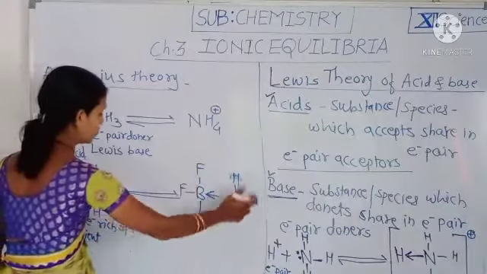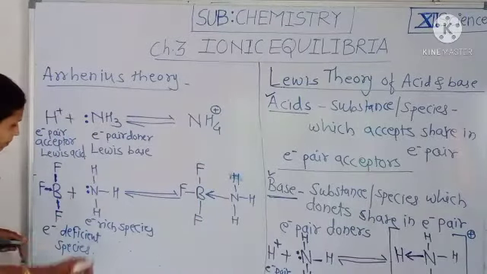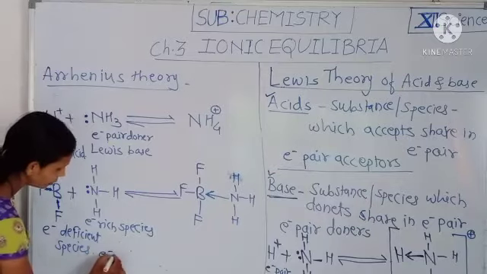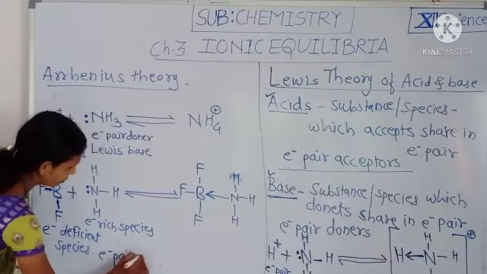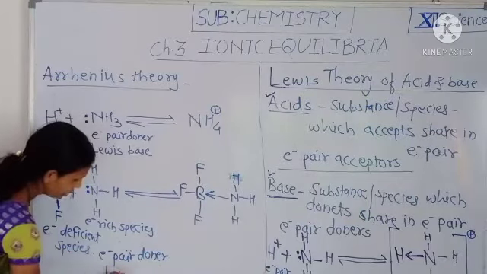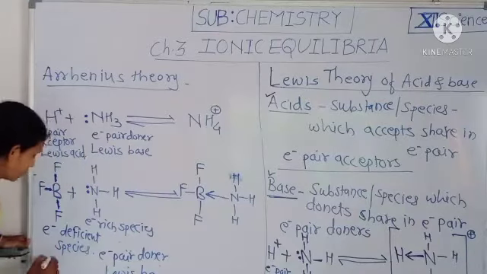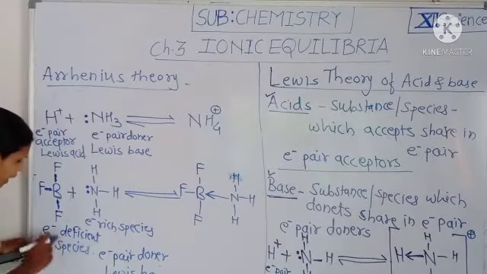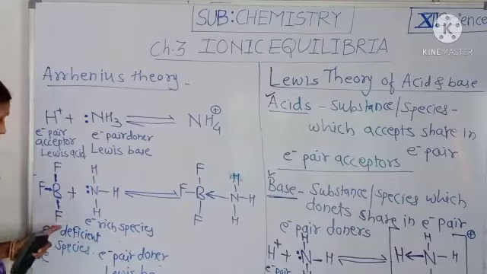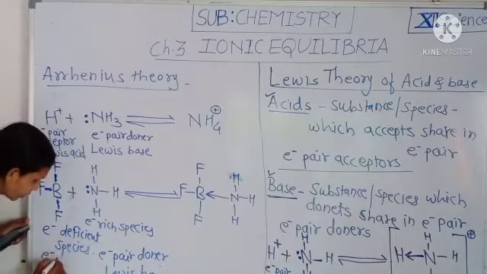In this example, ammonia is an electron pair donor, therefore it is a Lewis base. And BF3, as it is electron deficient, an electron poor species, accepts the electron pair.